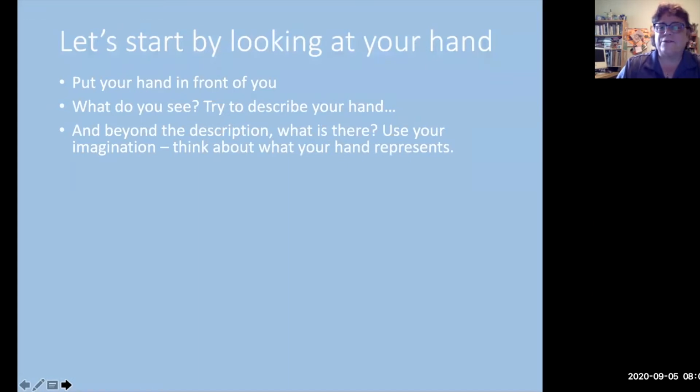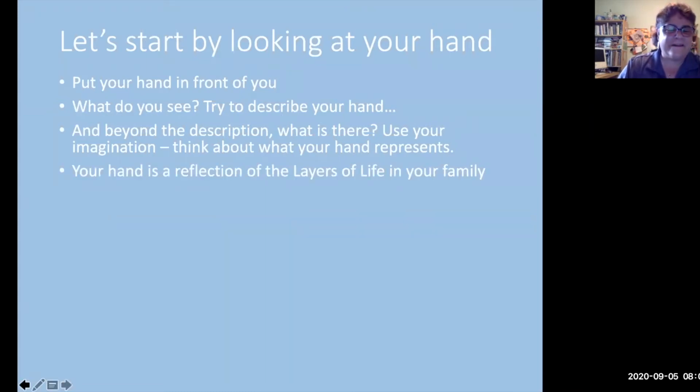Beyond that description, okay, it's a hand, got fingers, got lines, all of that, what is your hand? Think about what your hand represents. Use your imagination. Some of you came up with that your hand is a reflection of the layers of life in your family.